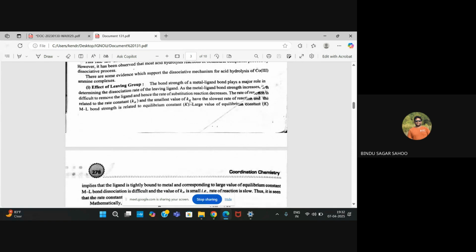If the capital K value is more, then the metal bond strength will be more and the rate will be slower. So a higher ka value favors a higher rate of reaction, and a larger capital K value favors a slower rate of acid hydrolysis.